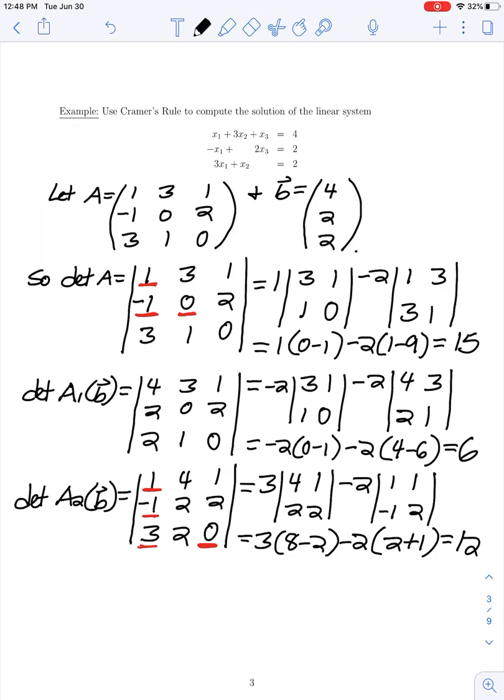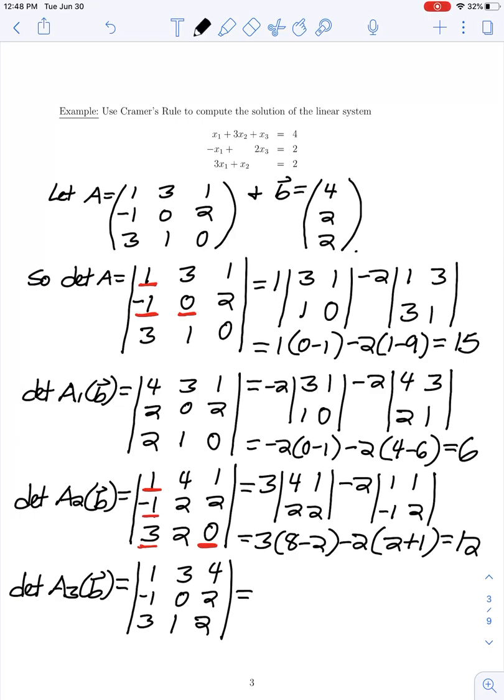So now let's take a look at the determinant of A sub 3 of B. So that is the determinant of the 3 by 3 matrix where our first column is 1, negative 1, 3. Second column is 3, 0, 1. And our third column is now replaced by the vector B, 4, 2, 2.